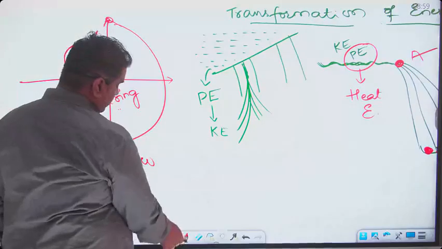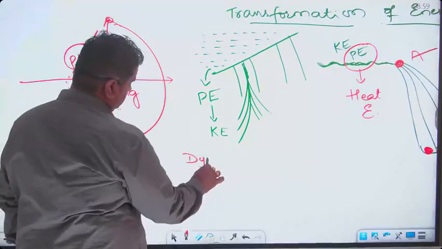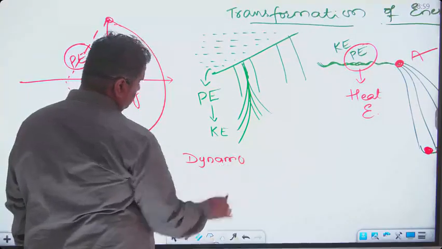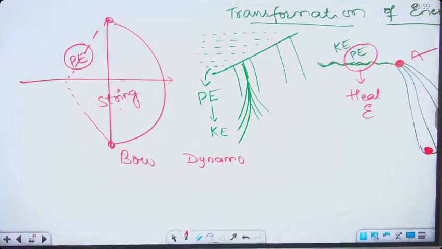Dynamo is a device which converts mechanical energy to electrical energy.